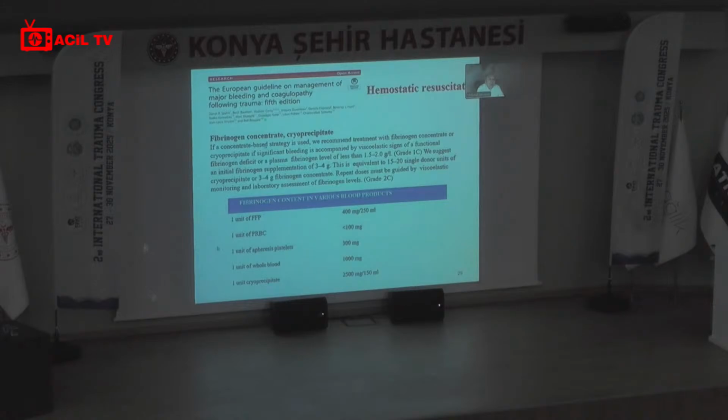Fibrinogen concentrate and cryoprecipitate are also very good to use. If the concentrate-based strategy is used, there is a recommendation for fibrinogen concentrate or cryoprecipitate in significant bleeding accompanied by viscoelastic signs of a functional fibrinogen deficit or plasma fibrinogen level less than 1.5 or 2 grams per liter.